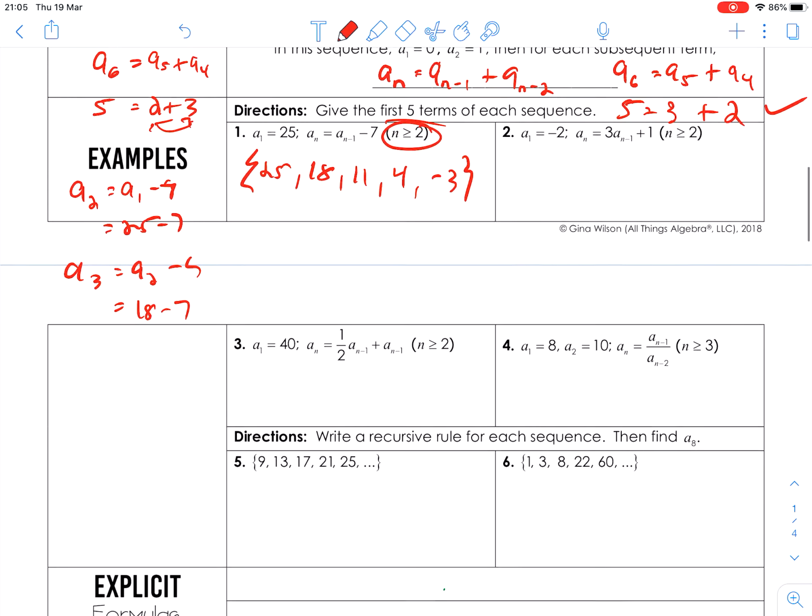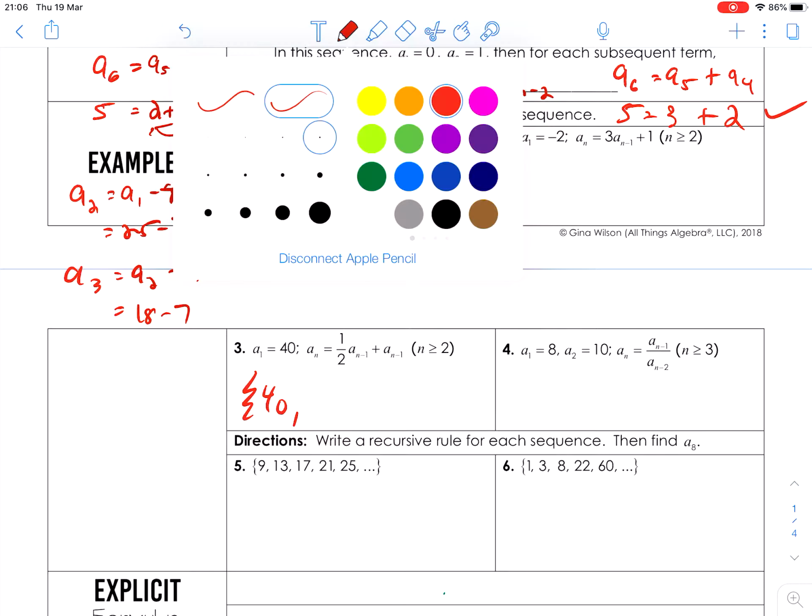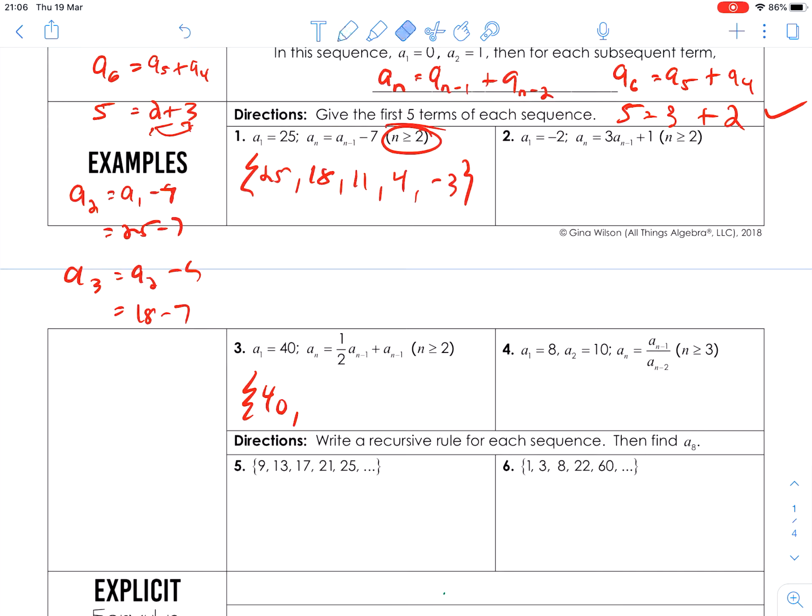Nice. Okay. Number 2 looks pretty similar, so I don't think we need to do that. Number 3, yeah, we'll do that as well. So a sub 1 we already have: 40. Let's change colors to dark blue again. All right, a sub 2 equals 1/2 of a sub 2 minus 1, so half of a sub 1 plus a sub 1.